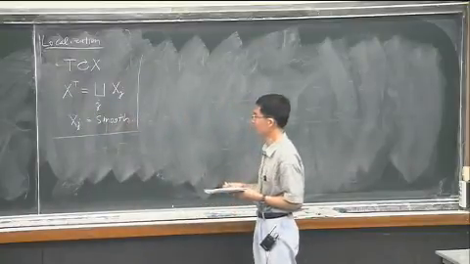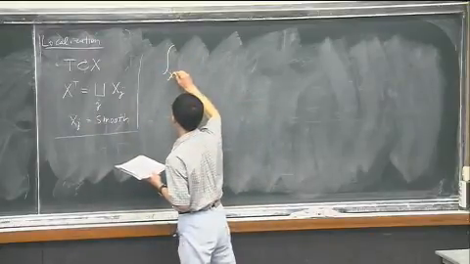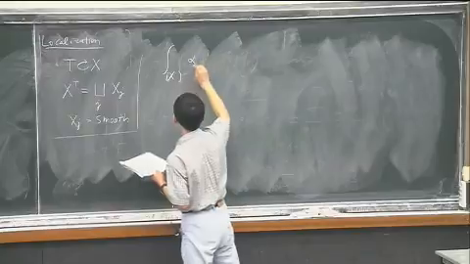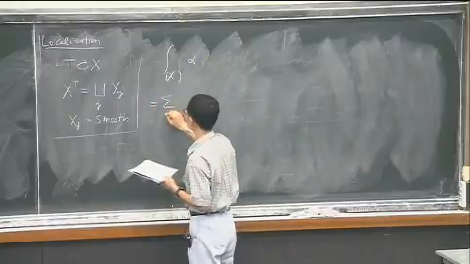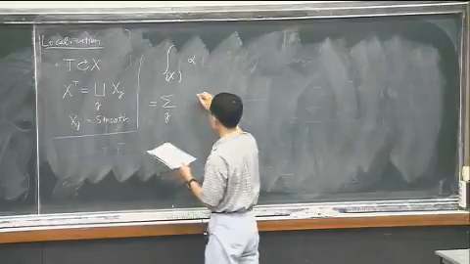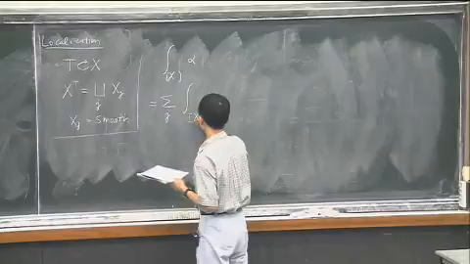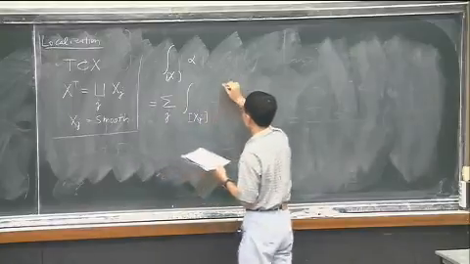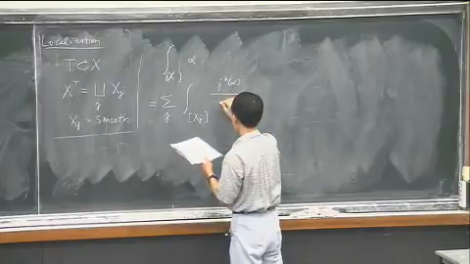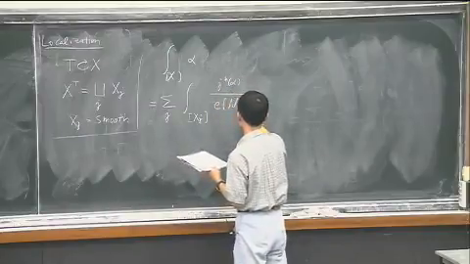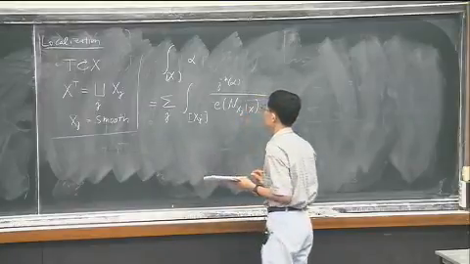Anyway, the localization formula tells us that if you have a class on X, then I can write its integral as a summation over j of integrals only over X_j. So that's the localization formula.